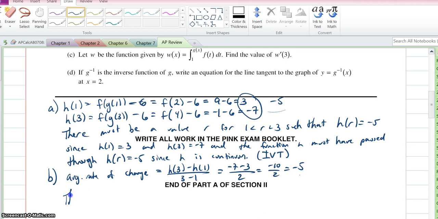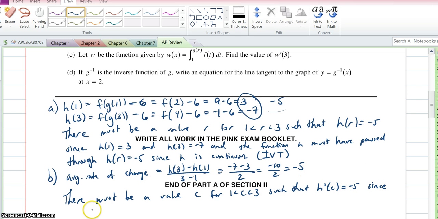So we would just say for our justification that there must be a value c for 1 is less than c is less than 3 such that h prime of c is equal to negative 5, since the average rate of change between x is 1 and x is 3 is negative 5.